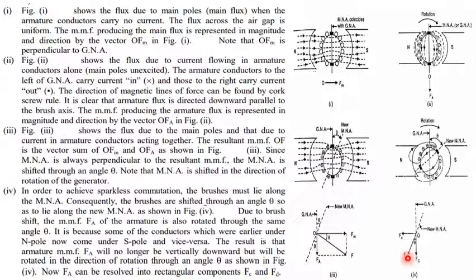One is the rectangular component, FC, and one more component is FD. So this is the cross magnetizing component, and this is called the demagnetizing component. We'll study that in the next slide. Now this is only about the armature reaction.